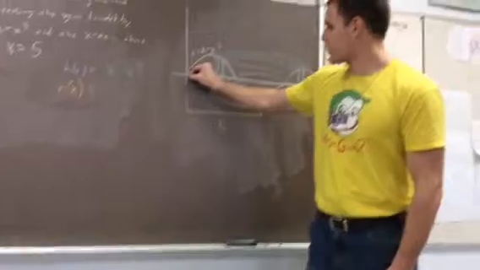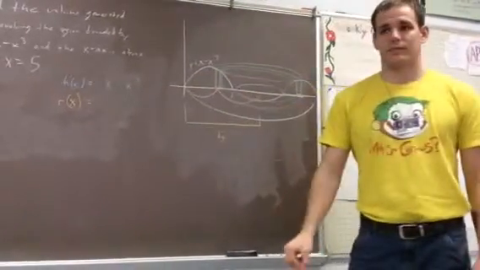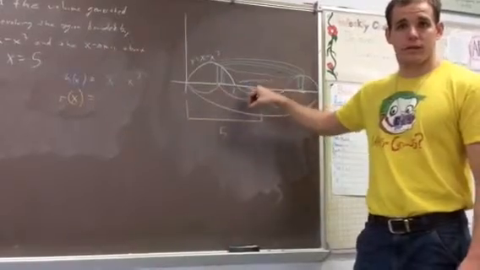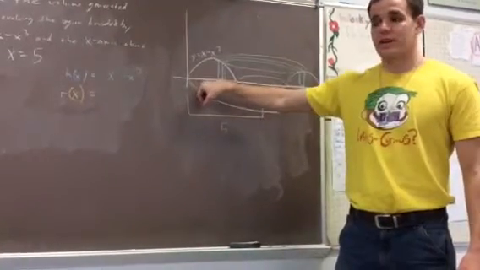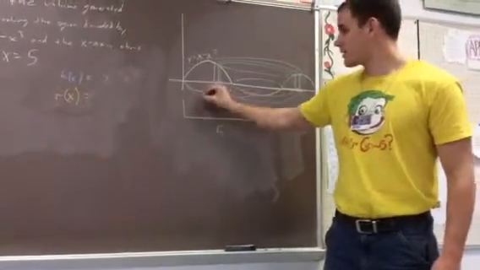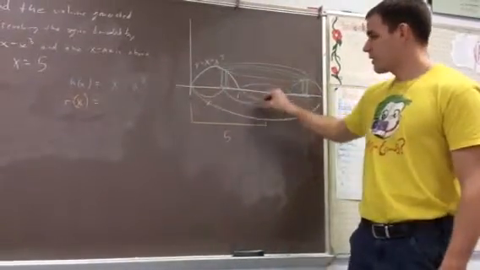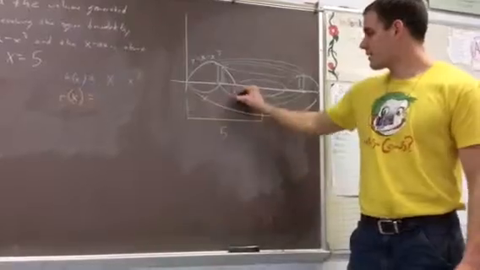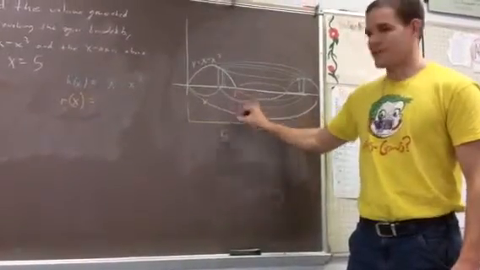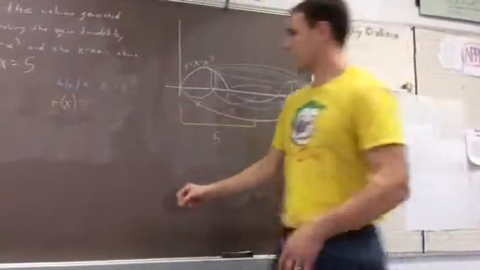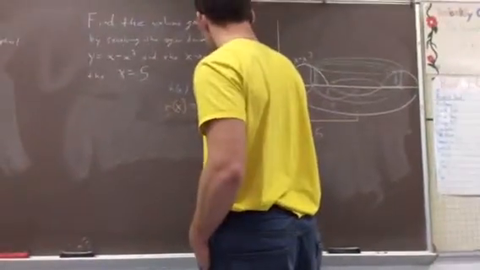Now how far is it from here to here? That part is moving, right? Well, right here is just going to be x. That's all we want. We want this part, don't we? So our radius is going to be 5 minus x. That's it. So radius here is just 5 minus x.